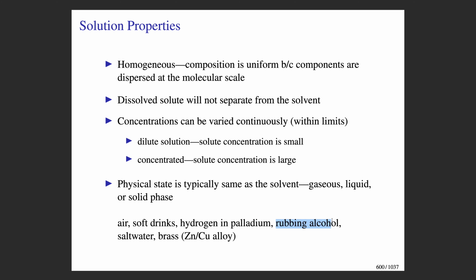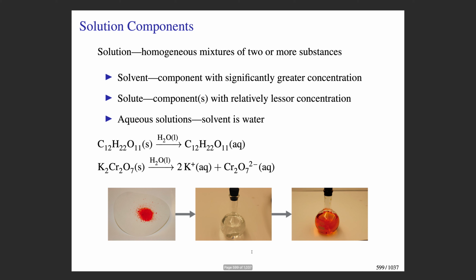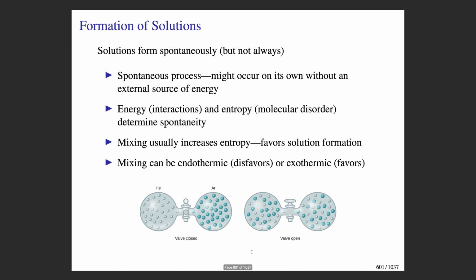Rubbing alcohol, I forget which alcohol it is. I believe it's isopropyl alcohol, but I can't remember for sure. Alcohol and water, I believe it's usually 70% alcohol, and the rest is water. Salt water, of course, where all sorts of different minerals are dissolved. And then I already mentioned the brass.